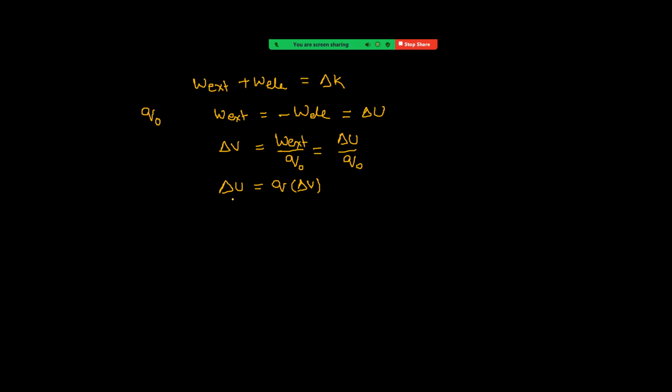Whenever a charge moves from low potential to high potential, its potential energy increases. If a charge moves from high potential to low potential, potential energy decreases. So the definition for potential difference is work done by external force per unit charge.